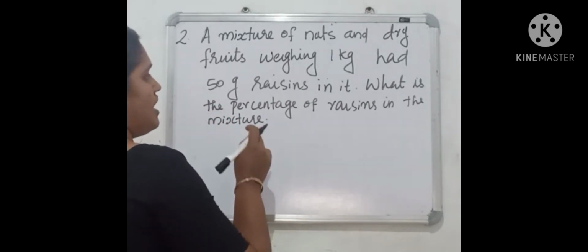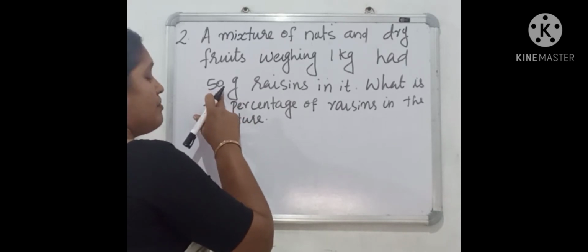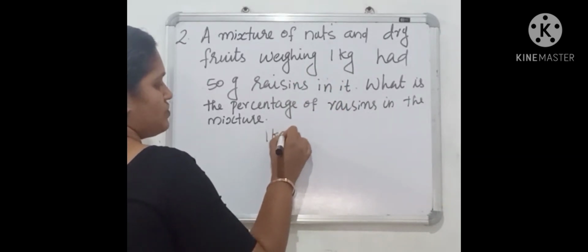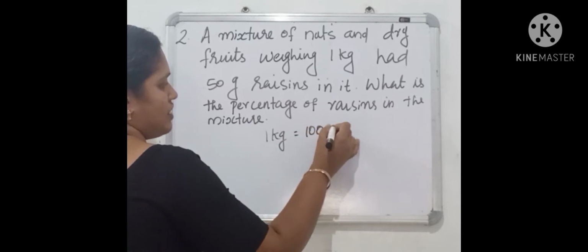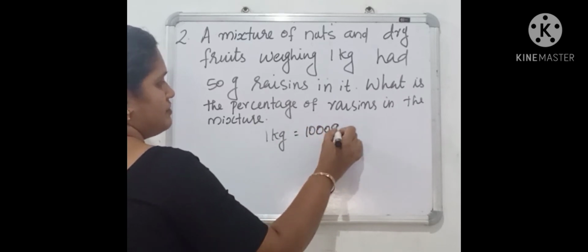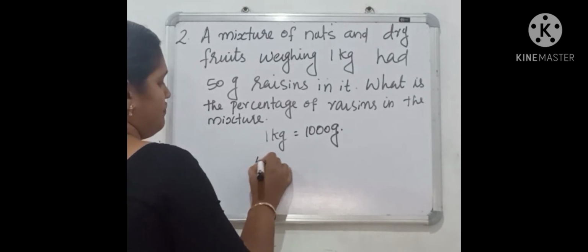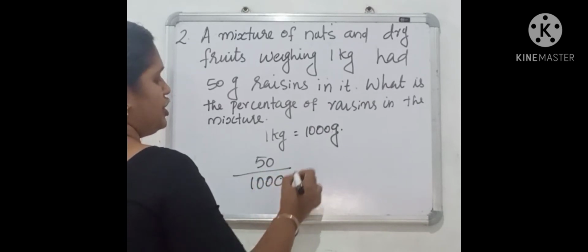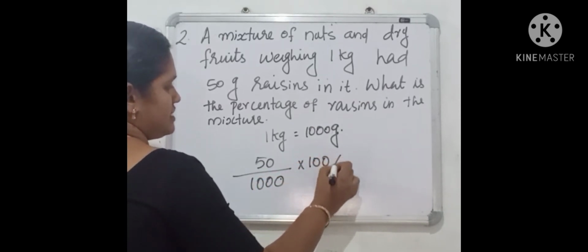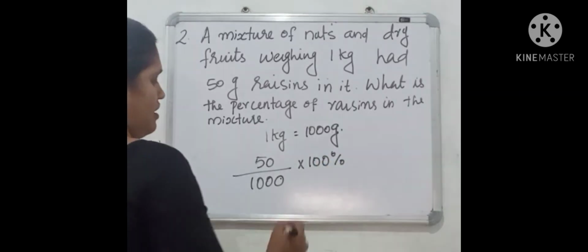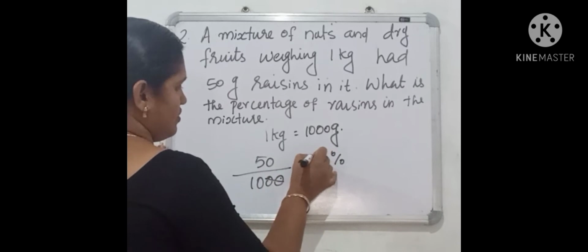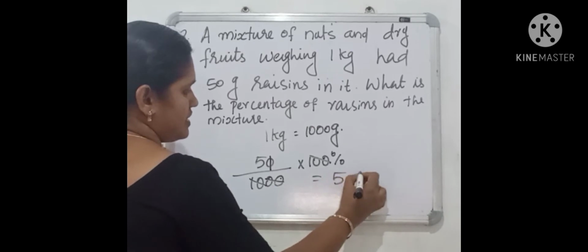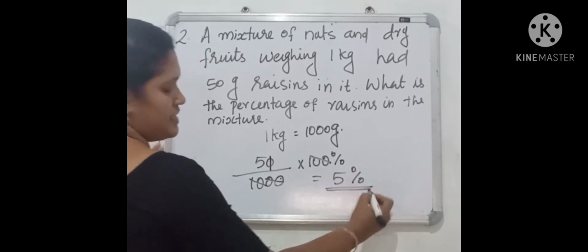We have to find how much is the percentage. 50 gram is how much percentage of 1 kilogram. 1 kilogram equals 1000 gram. 50 gram by 1000 gram into 100 percentage. We can cut here 0. 5 percentage. The amount of raisins is 5 percentage.